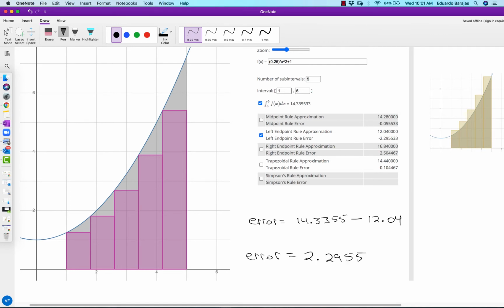Okay, so now obviously it's a positive answer, but if I want to write down kind of a rule for it, error is equal to the real area minus the estimate. And since we don't really know whether the estimate is going to be bigger than the real area or smaller than the real area, this subtraction might result in a negative number.